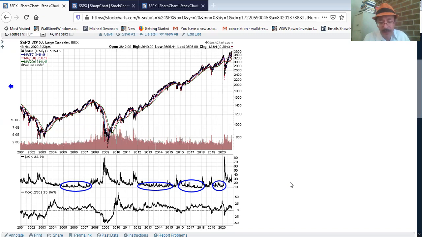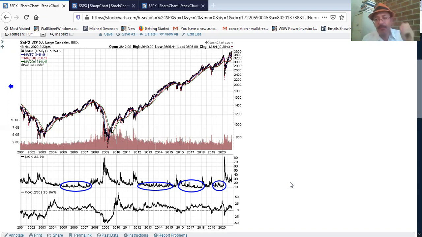So if we look at this chart, there's two things below the S&P 500 chart. The first is the VIX, the Volatility Index. It's often talked about on CNBC and on Fox Business and in the financial media in general. And you need to know what it is if you don't already.